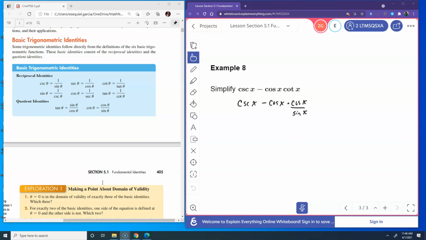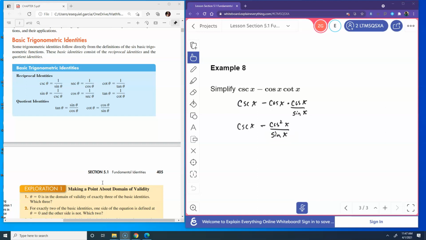So cotangent of x is cosine of x over sine of x. So what I have is cosecant x minus cosine squared of x over sine of x.